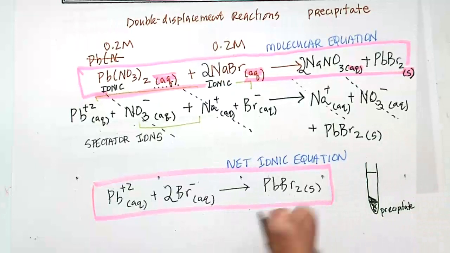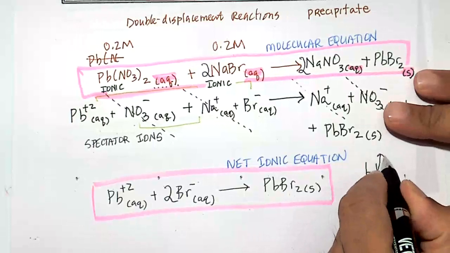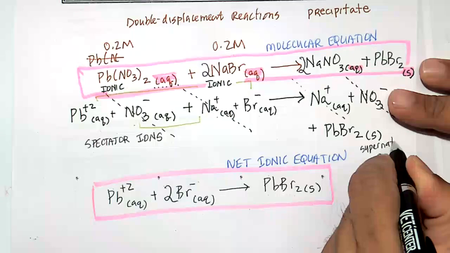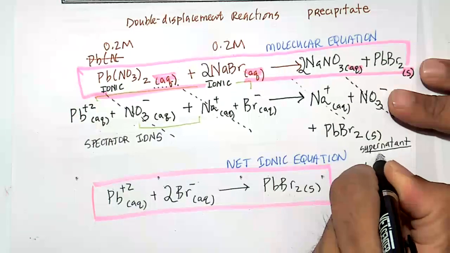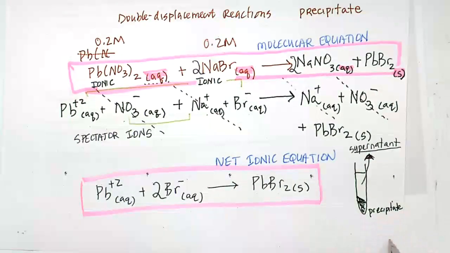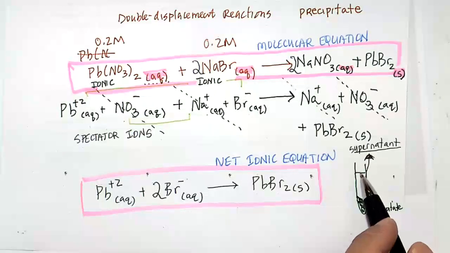Okay, supernatant. Okay, so yes, Gerardo, the thing that settles at the bottom is called the precipitate. The supernatant is the liquid on top.